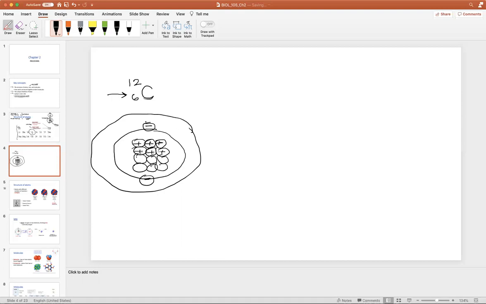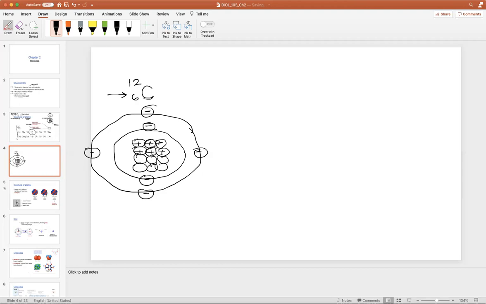Okay, and so we've got 1, 2, so now I need 3, 4, 5, and 6. Okie doke. So I now have 6 protons in the nucleus as per this. I've got 12 particles overall in the nucleus as per our mass number. And to balance out our 6 positive charges, I've placed 6 negative charges in orbit around this nucleus.